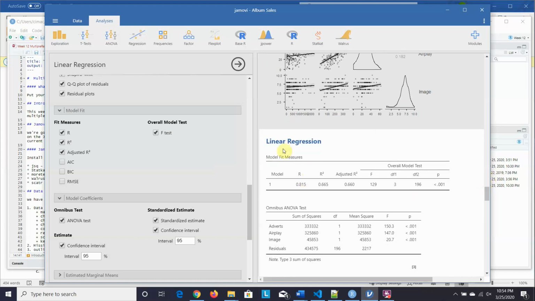If you recall last week where we did a simple regression and we only had one predictor for the outcome variable, that big R matched exactly our little r, and that was because we only had one variable, and so that relationship was exactly the same as what it would be with just a little r Pearson correlation. But now that we have multiple predictor variables, that big R just isn't going to match any one of the correlations because they're going to function as a unit for this big R.